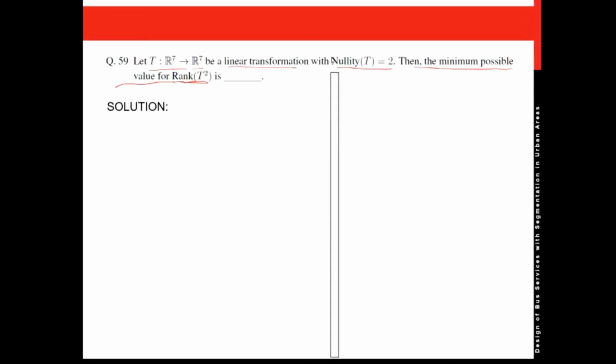Before that, one of the tricks is if you have any problem related to linear transformation, such problems you have to do by using matrices. We know that for any linear transformation there must be an associated matrix. So that makes our problem very easy. So for T from R7 to R7, the associated matrix must be a 7 by 7 matrix.